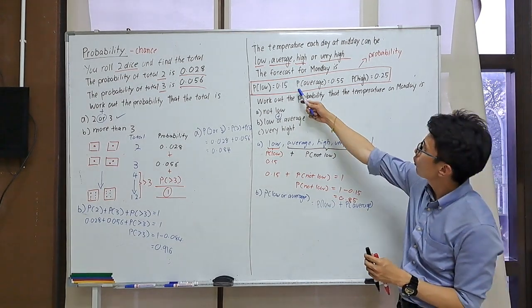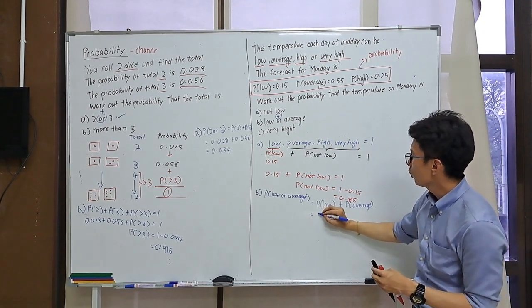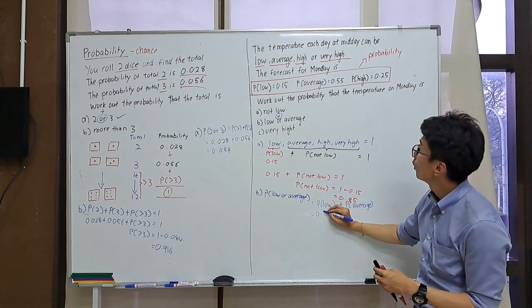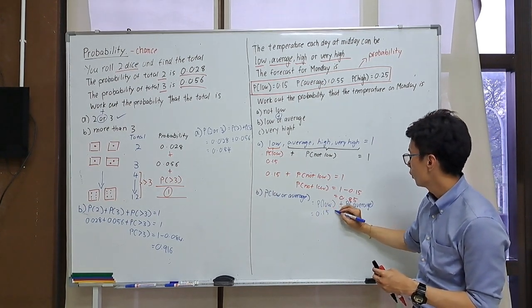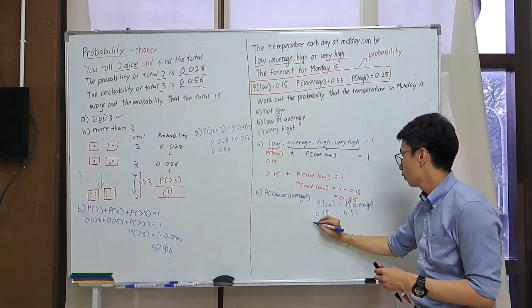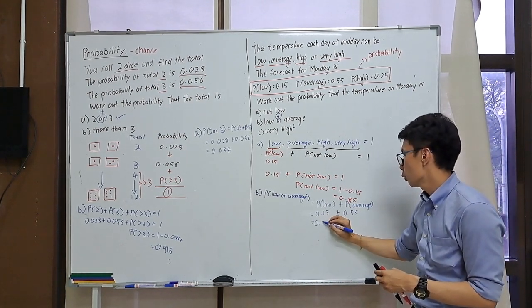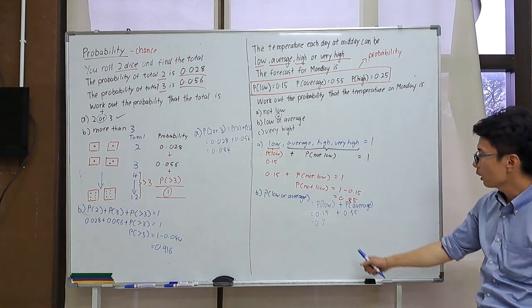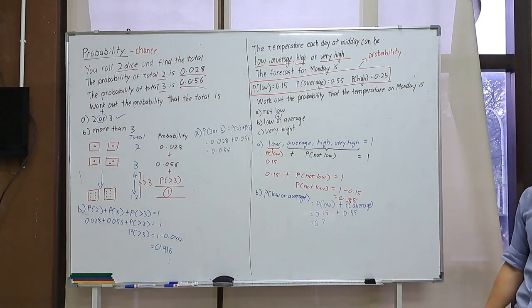I have all this information given to me. So that's 0.15 plus 0.55, which gives me 0.7. So that's my probability here.